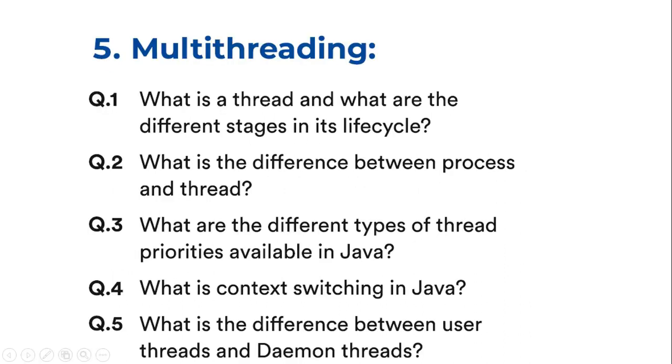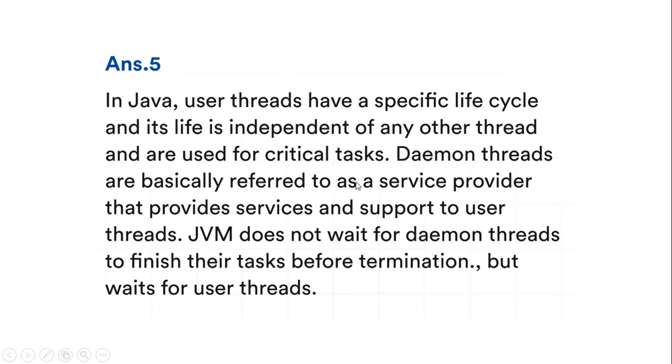Now the last question is, what is the difference between user threads and daemon threads? So basically, in Java, user threads have a specific life cycle, and its life cycle is independent of any other threads and are used for critical tasks. A daemon thread is basically referred to as a service provider that provides services and support to user threads.